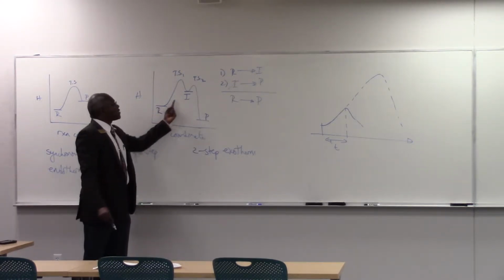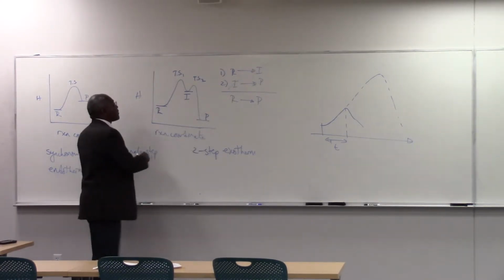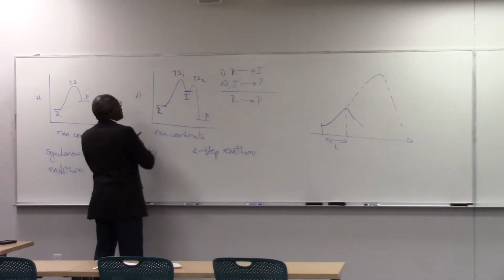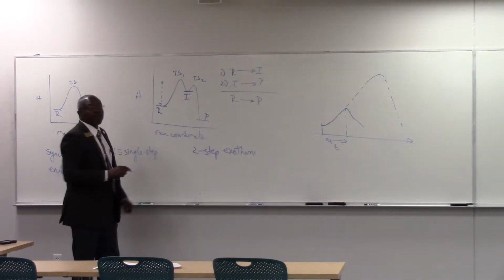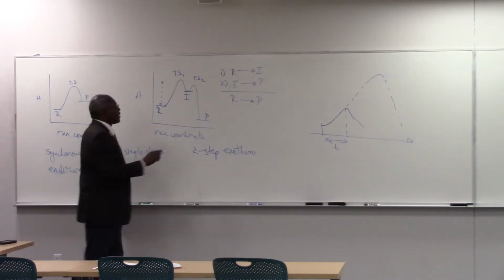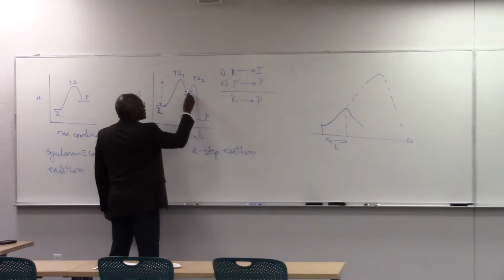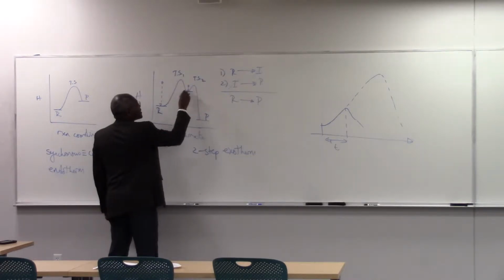In going from reactant to intermediate, I am climbing a tall hill. I am putting in that much energy. But in going from intermediate to product, the hill I'm climbing is that one.